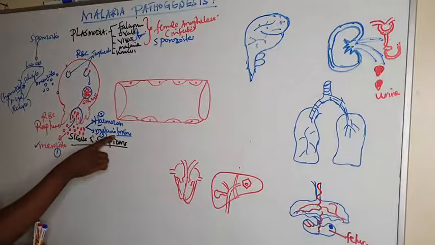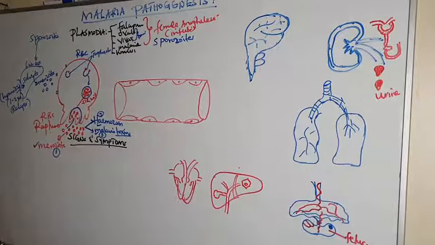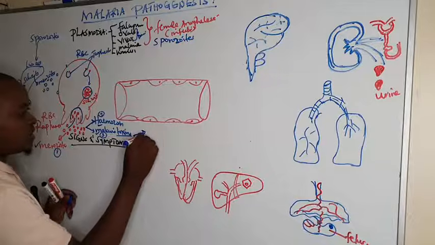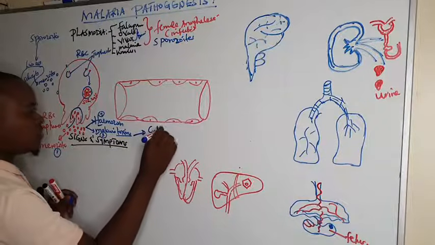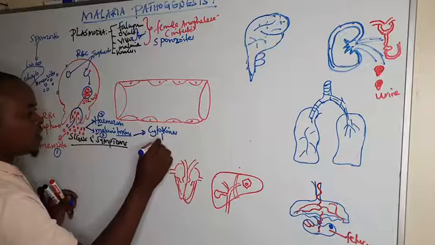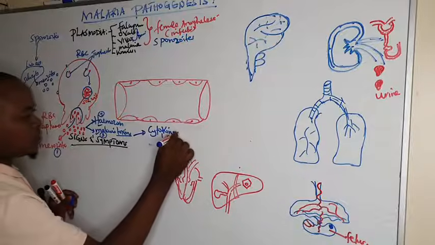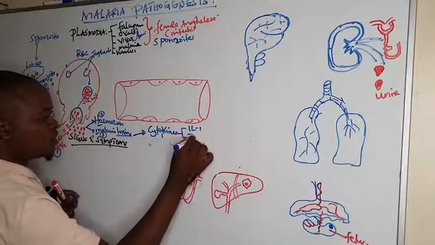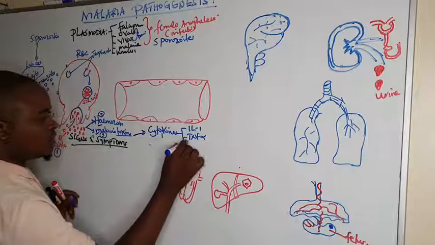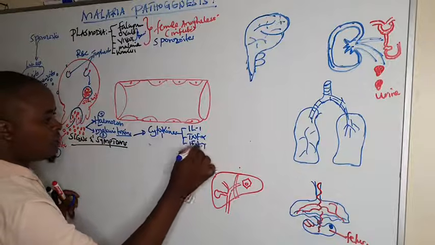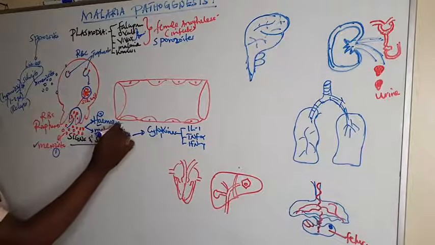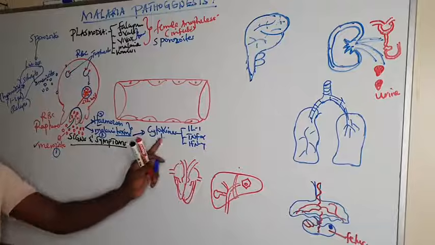It is these toxins that trigger the immune response, the immune system, to release chemicals known as cytokines, such as interleukin-1, tumor necrosis factor alpha, and interferon gamma. These are the cytokines triggered by the hemozoin and the malaria toxins.